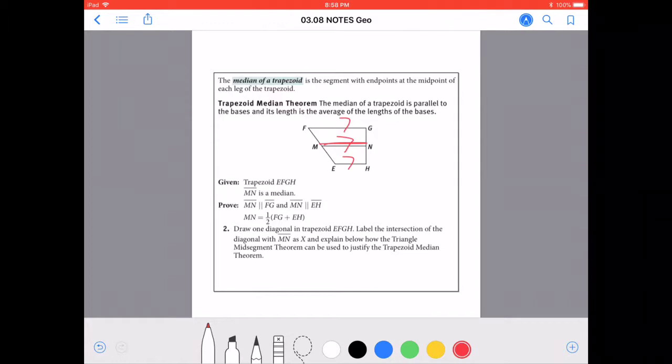So if we look at that, we saw that in our exit ticket yesterday, of how we can use this equation down here to find out a lot of information. I might give you the median and give you FG, and then you actually have to find the number for EH or find X and so on.